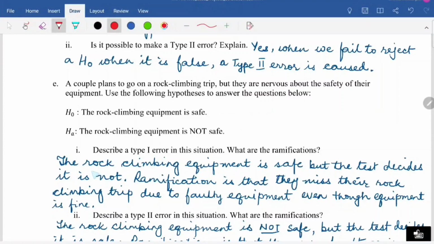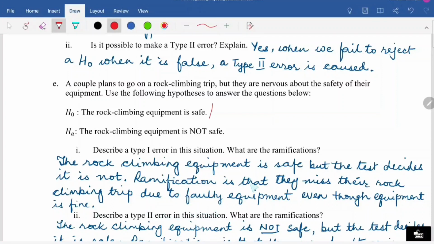Now, how would we describe a type 1 error in the context of this question? In a type 1 error, the null hypothesis is true. What is the null hypothesis here? It says the rock climbing equipment is safe, and in a type 1 error, this is correct. So you have to write it like this: the rock climbing equipment is safe, but the test decides it is not. Somebody who did the test probably made an error and thinks it is not safe enough.